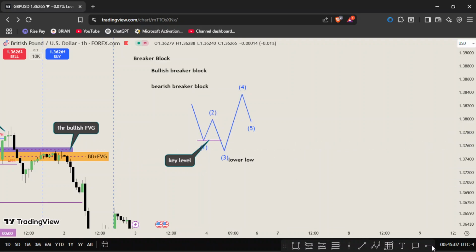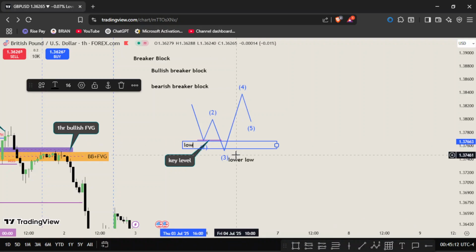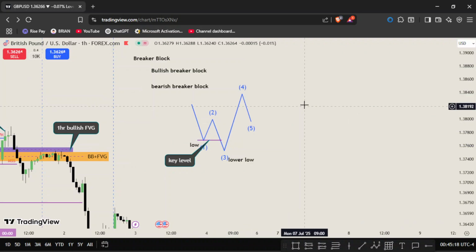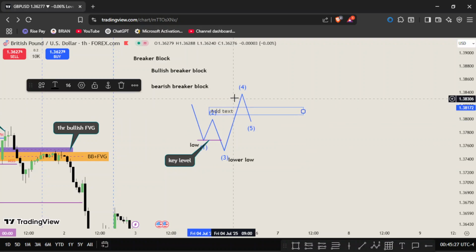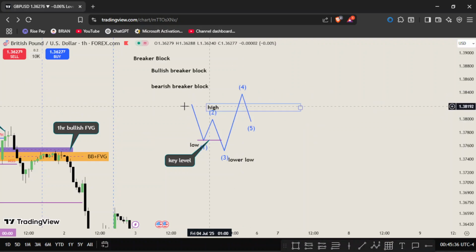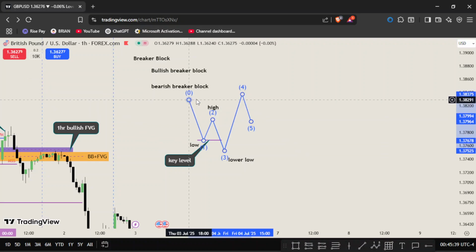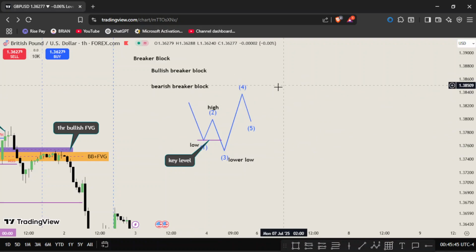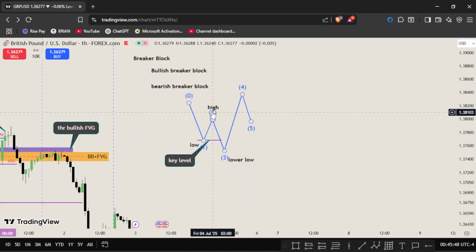So this was our first low, low number 1. We made a new low. Then at number 2, we had a high.